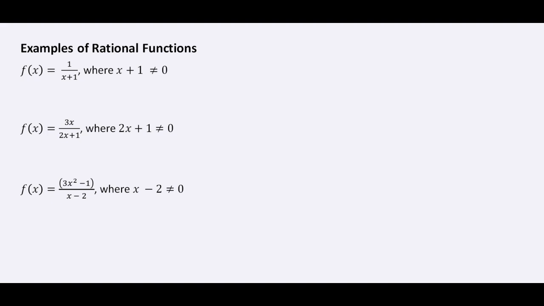Numerator and denominator are linear functions, and then we have f of x equal to 3x squared minus 1 over 2 over x minus 2. We have a quadratic in the numerator and a linear in the denominator. We could also have this flipped around such that we have a linear in the numerator and a quadratic in the denominator.